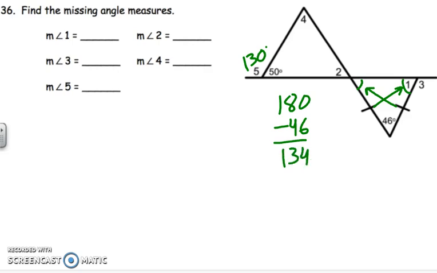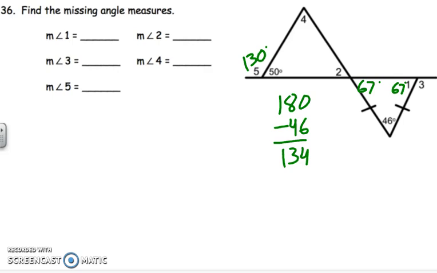Now, since we have the two base angles being congruent to each other, we're going to divide 134 by 2, and we're going to get 67 degrees. I'm going to erase and put 67 degrees here and 67 degrees here. Again, we took the 134 and divided that by 2.